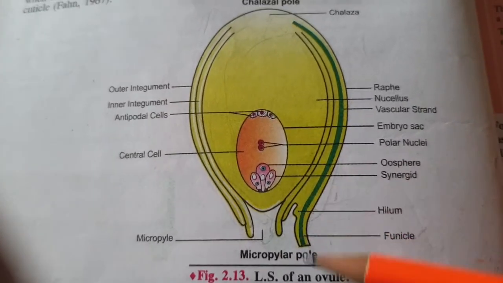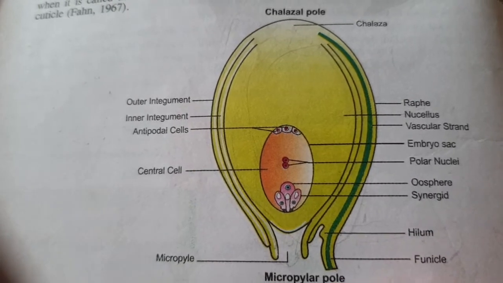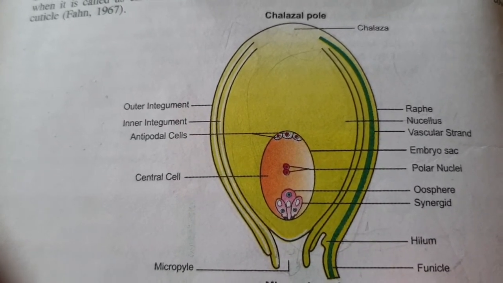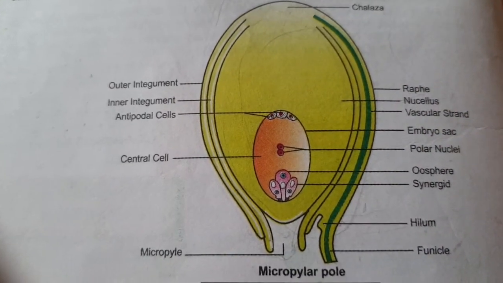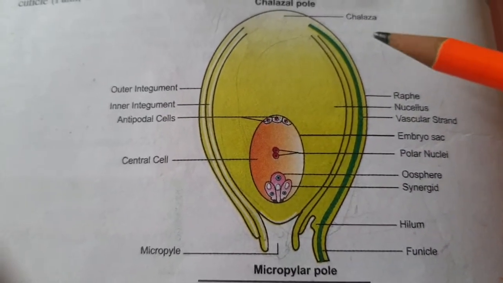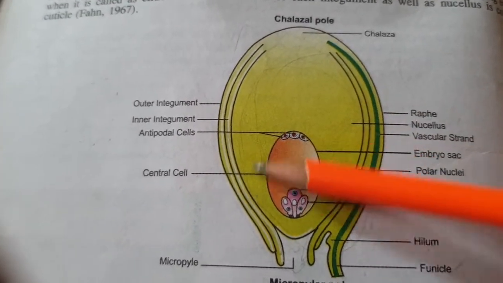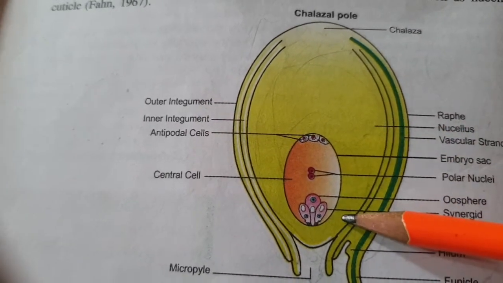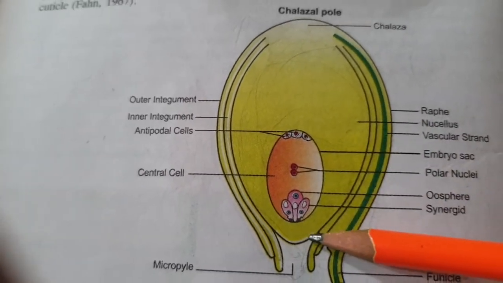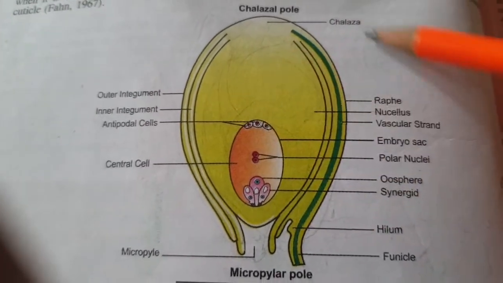This particular pore is known as the micropyle, through which the pollen tube enters. Now the female gamete is embedded in the micropylar half of the nucellus. This whole tissue is the nucellus, this is the micropylar end and this is the embryo sac, which lies towards the micropylar part. This is the overall structure of the ovule.